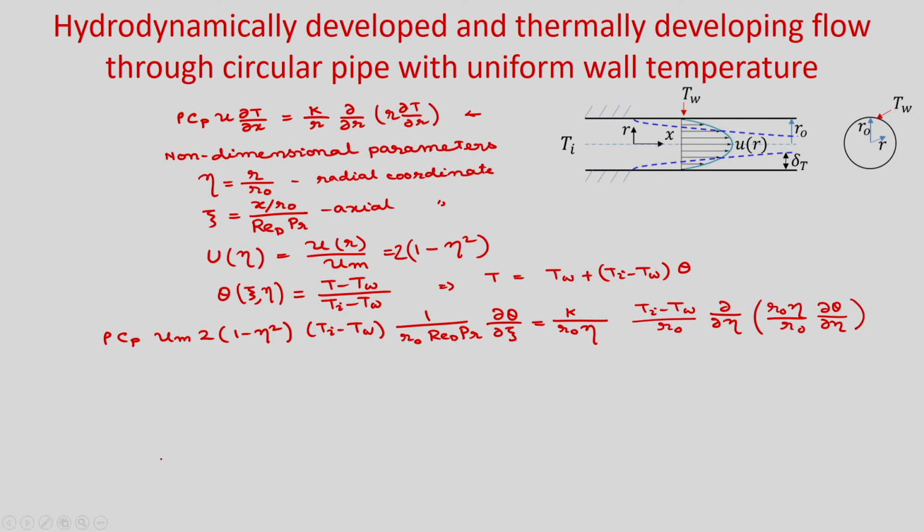So, just after rearrangement you can write as 1 minus eta square del theta by del xi is equal to 1 by eta del of del eta eta del theta by del eta. Okay. So, you carry out this algebra. So, you put the values of Re D and Prandtl number and you cancel out some parameters, then you will get finally this equation.